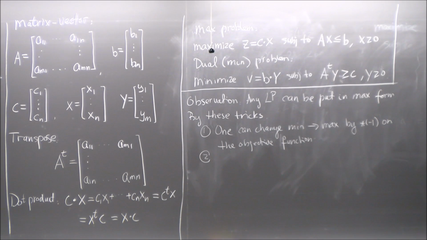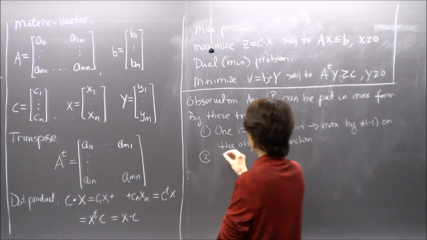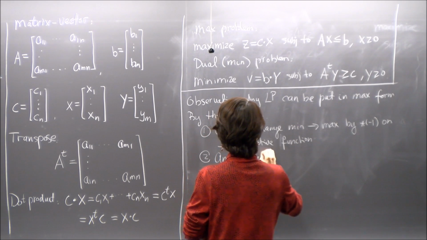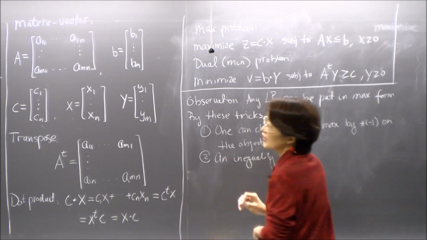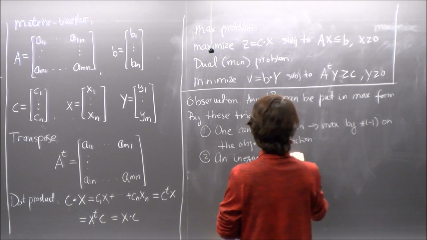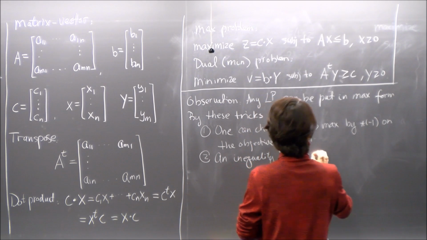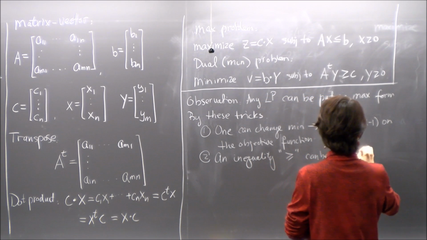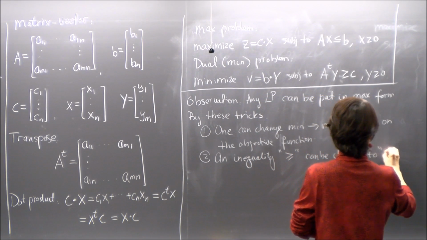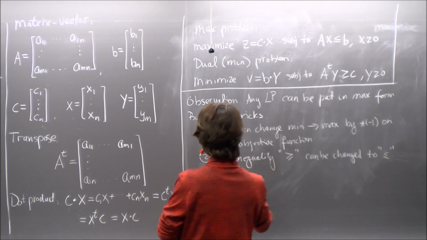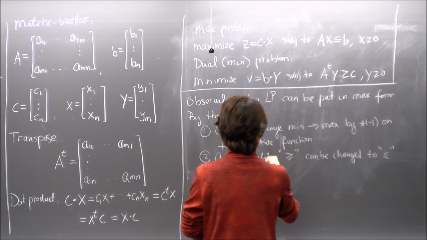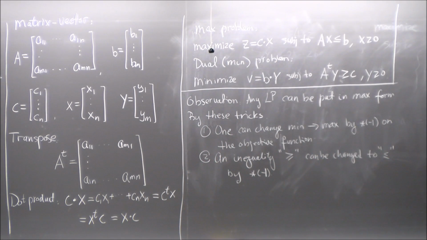It has to change the direction, right? So an inequality of bigger than or equal can be changed to less than or equal, again by this same silly trick, multiplying by -1.